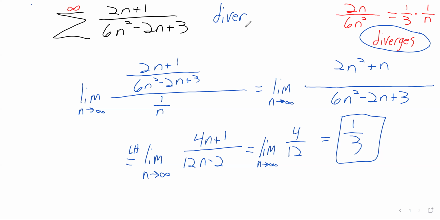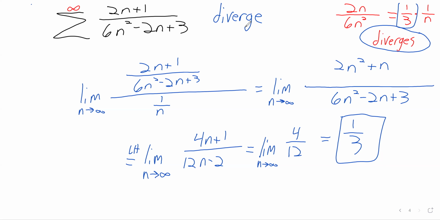So because the harmonic series diverges, the series on the left diverges. When I did the limit comparison test, the only thing that matters is whether you get a finite number or not.